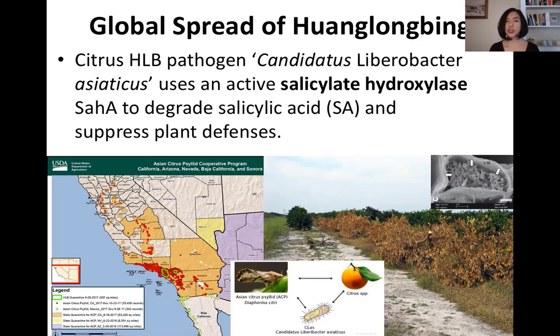The way that they do that is by the bacteria producing a salicylate hydroxylase, and this enzyme is going to degrade salicylic acid. So the plant is not going to be able to respond to the attack of these bacteria, and it can be devastating, and it's a major concern. And the government is putting a lot of money into trying to investigate alternatives or solutions to this problem.